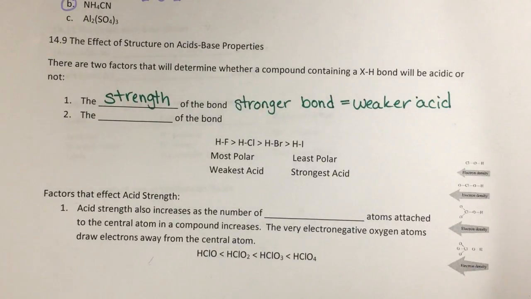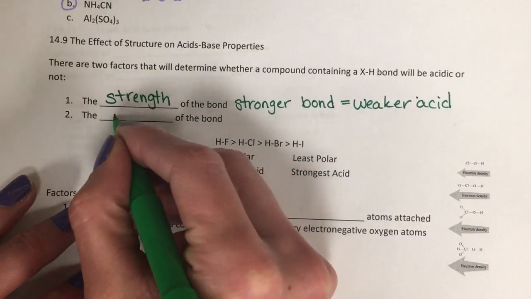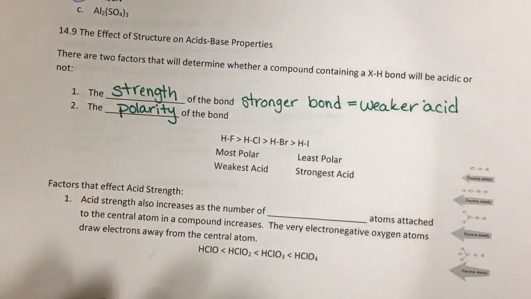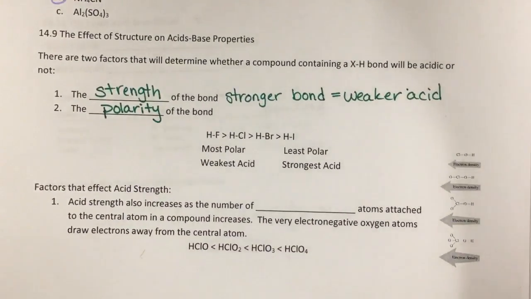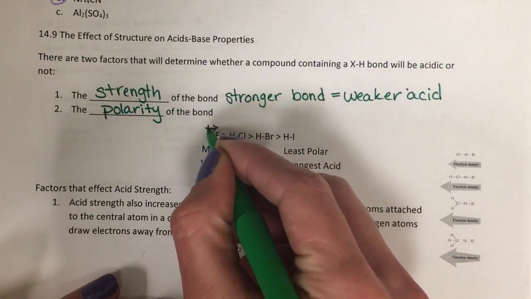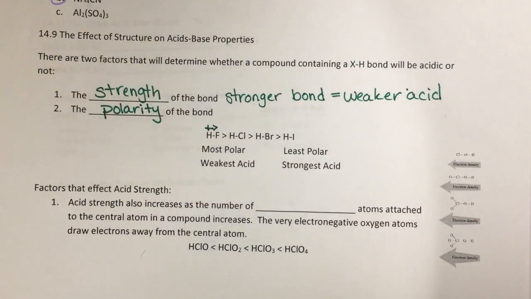The second factor that's going to affect acid strength will be polarity. Now, when we talk about polarity, remember, fluorine was the most polar. So fluorine is going to have most of the electrons going towards the fluorine.